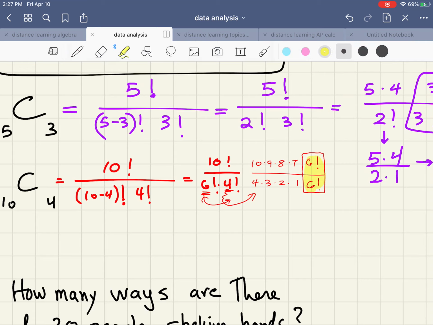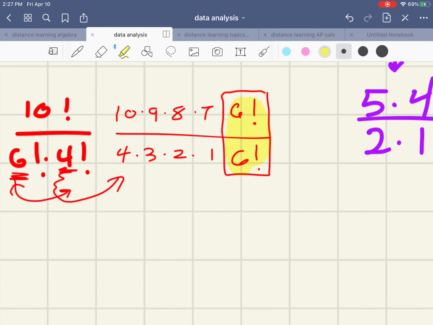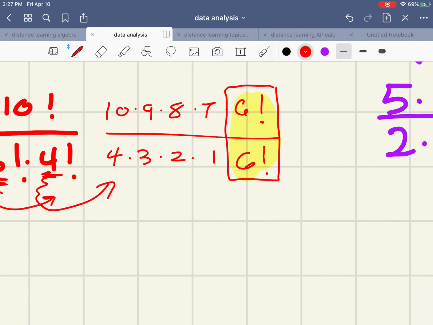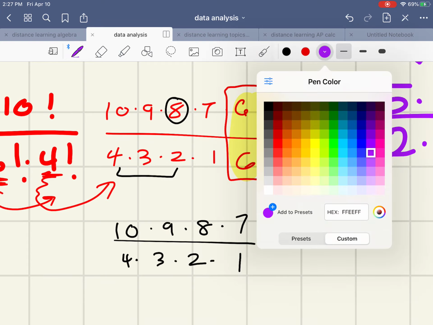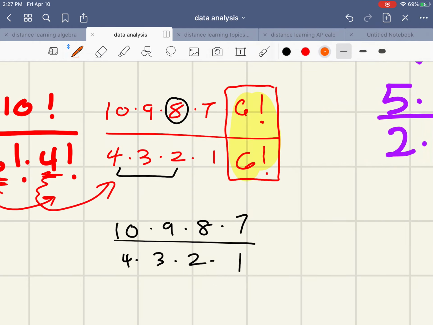Now I can say, hey, these two pieces, 6 factorial, are going to cancel out. And I've got a little bit of math to do. I can continue to cancel. For example, I know 4 times 2 is going to cancel that 8 completely. So I'm just going to start a new line here, 4 times 3 times 2 times 1. It should work out that everything from the bottom will cancel with something from the top.